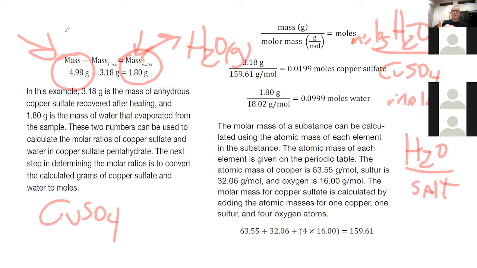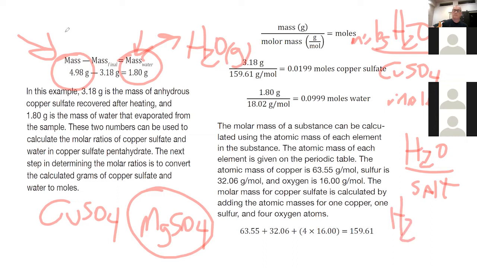So for our particular salt, we're going to be using magnesium sulfate. So we need the mass of magnesium sulfate and we need the mass of water, because we're going to be converting both of those masses into moles and then dividing one against the other.